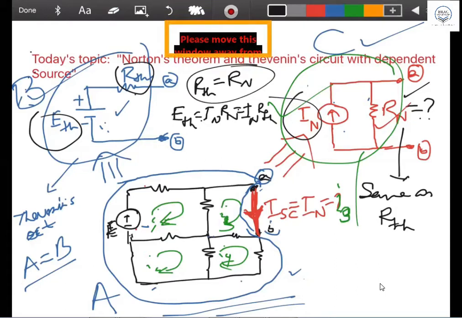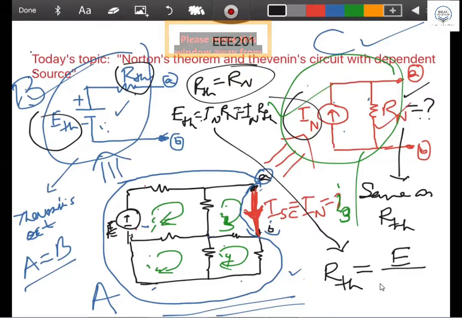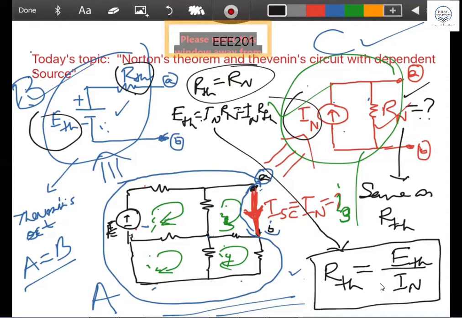Okay, if it is so, then from this relationship can we also conclude that R Thevenin is equal to E Thevenin divided by I Norton? Can we say this also? All of you get my point?